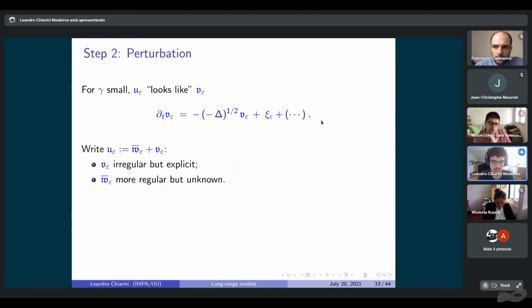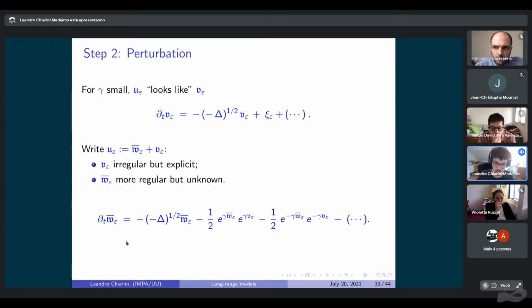And then you have this W bar epsilon, and this should live in a Besov space. Basically, if we now look at the equation for W bar epsilon, the equation is this one.